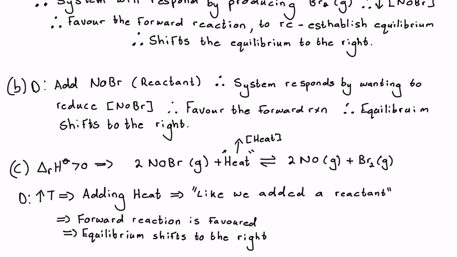Okay. Think of it as, an endothermic reaction needs heat to proceed. So increasing the temperature will mean that you're actually giving the reaction what it needs to proceed. So that would mean that you are forcing the reaction in the forward direction. All right. Cool.